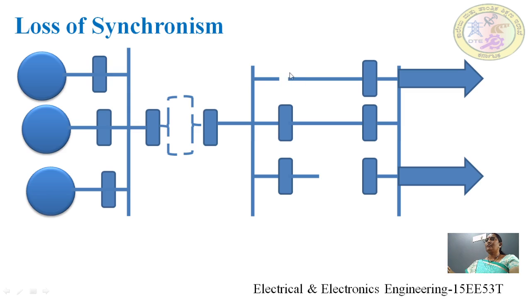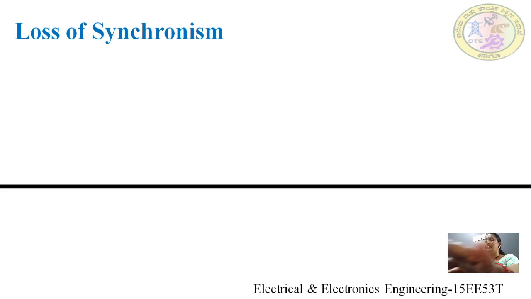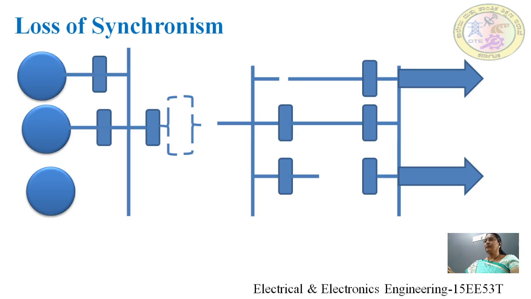This also causes a loss in synchronism, and then there is a removal of the circuit breaker which is on the high voltage side of the transformer. This also causes a loss of synchronism. There is a removal of the circuit breaker at the generator side. This also loses its synchronism.